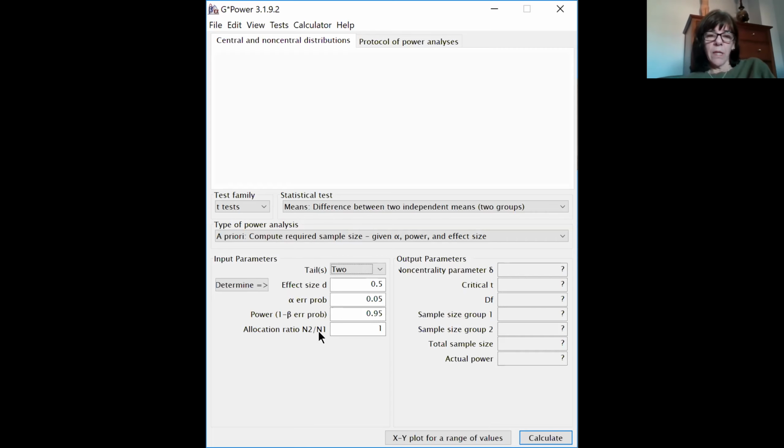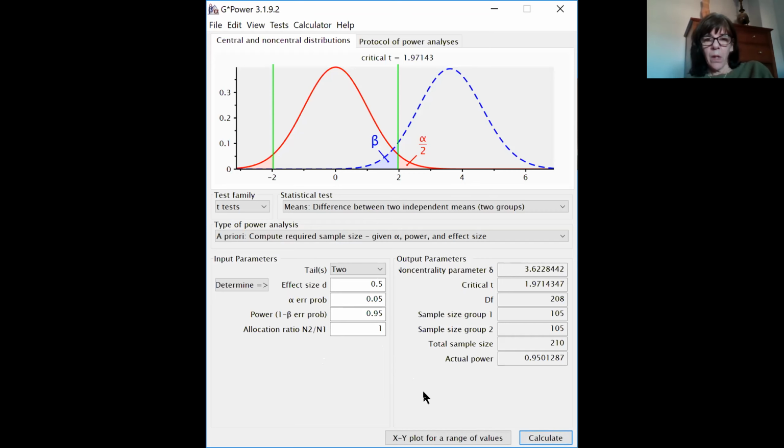The allocation ratio N1 to N2 asks whether your sample sizes in your two groups are equal. So we're saying, yes, it's a 1-to-1 ratio. So I just hit calculate, and it shows you the power area in your distribution, the alpha rate, the extent of the difference between means, and the critical t-statistic.